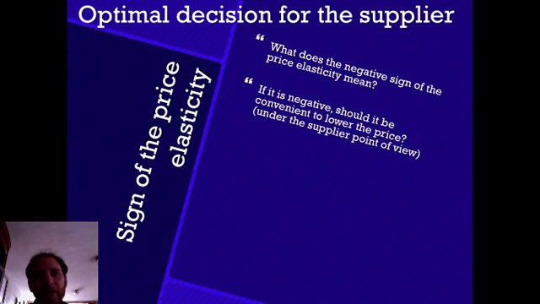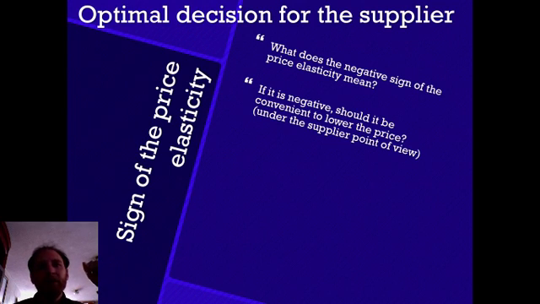Then, if it is negative, should it be convenient to lower the price? Think about it. Well, you will see that it depends. On what? Well, let's suppose that I decrease the price. As a supplier, I will decide to lower the price 10%.